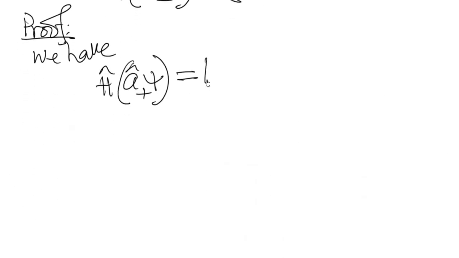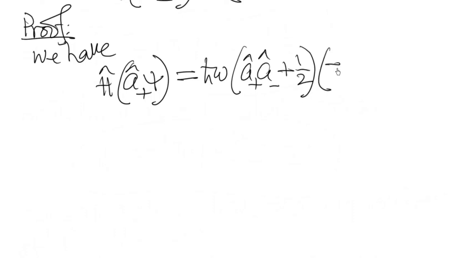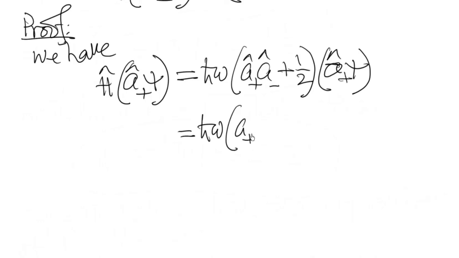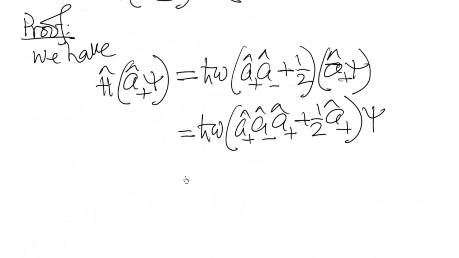So we'll have h cut omega (A plus A minus plus 1/2), and then here A plus psi. Now if we take this A plus inside the parenthesis, then we'll have A plus A minus A plus plus 1/2 A plus, and we have here psi.